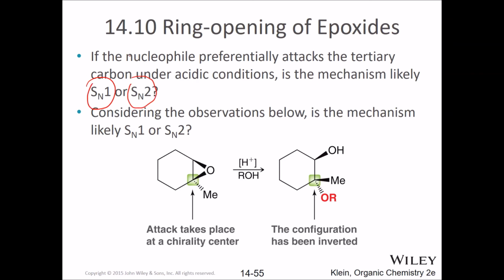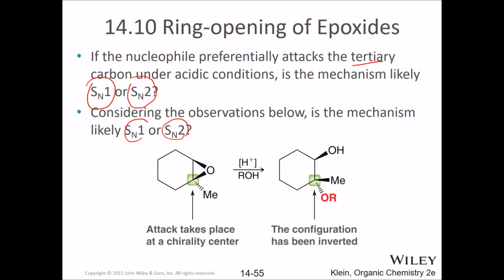Do not miss out on this opportunity to think about the trends, okay? If the nucleophile attacks the tertiary, is the mechanism more likely SN1 or SN2? Okay, I'm not even going to tell you the answer. I want you to think about that. All right, considering the observations below, is the mechanism SN1 or SN2? Same question, really.